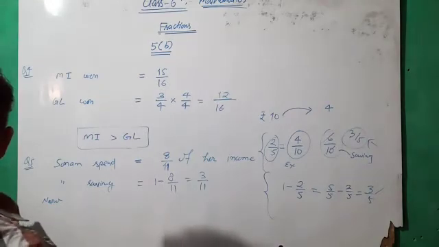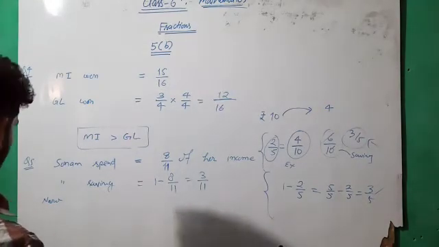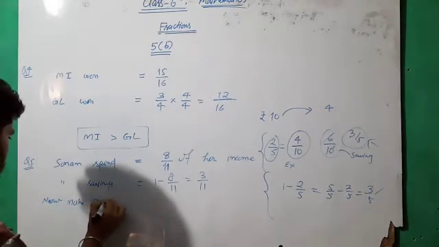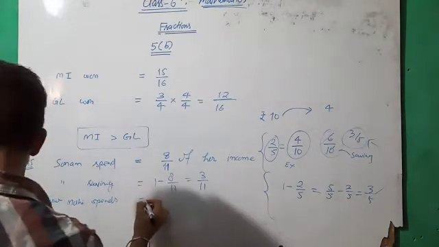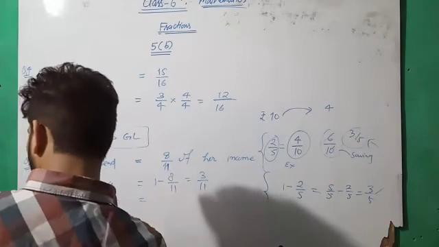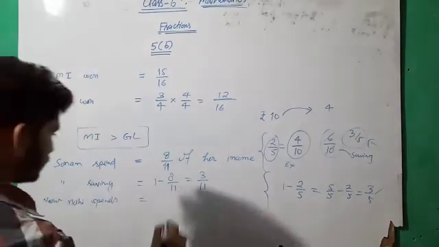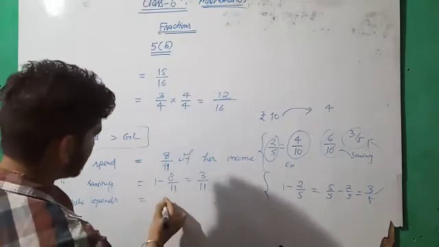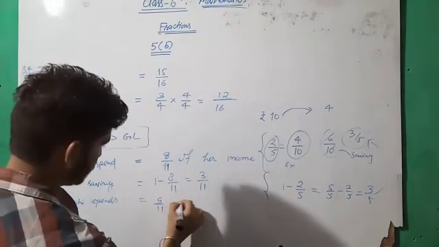Now second one, Mahi spends how much? 8 by 11 of her income. Sorry students, 9 by 11. 9 by 11 of her income.